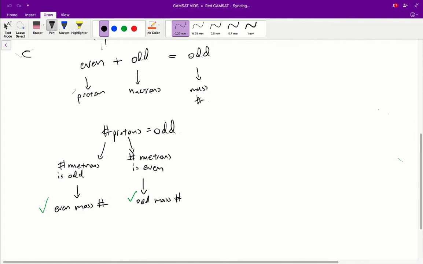The other scenario is the one listed in the answer, for the number of neutrons to be even, because if the number of neutrons is even and the number of protons is odd, we'll get an odd mass number, which also results in NMR. So D is incorrect because it is not the only way in which NMR can occur if the number of protons is odd. So for question 28, C is the correct answer. And that concludes questions 26 to 28.